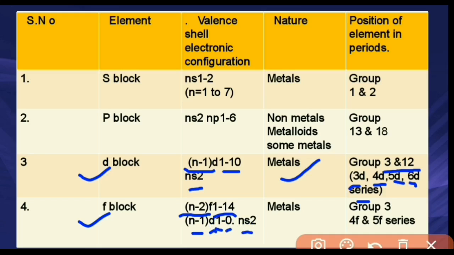All elements are metals, and their position in the periodic table is group number 3 and period number 6 and 7, lanthanide and actinide. Here in lanthanides the last electron enters the 4f orbital, and in actinides the last electron enters the 5f orbital. So it is called the 4f and 5f series.